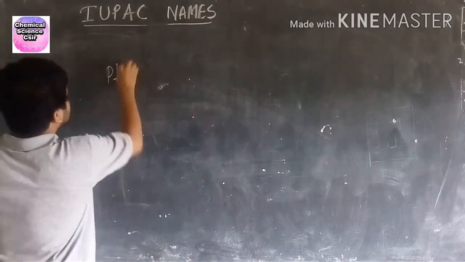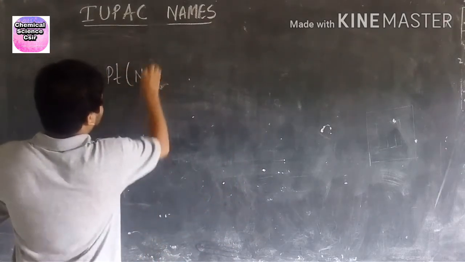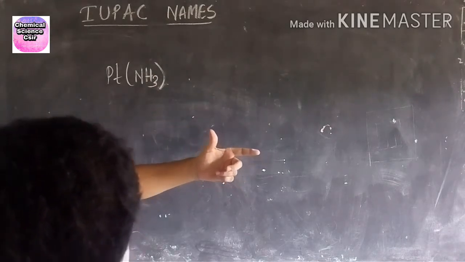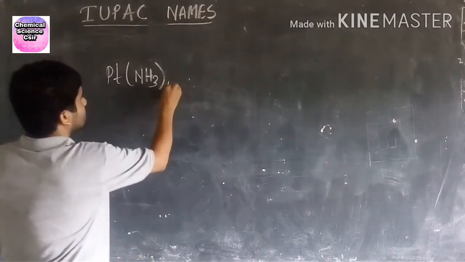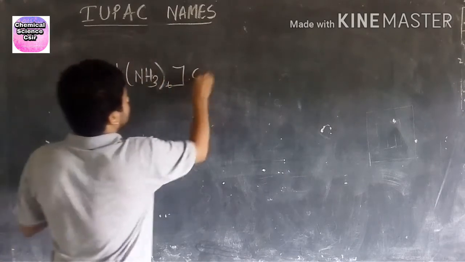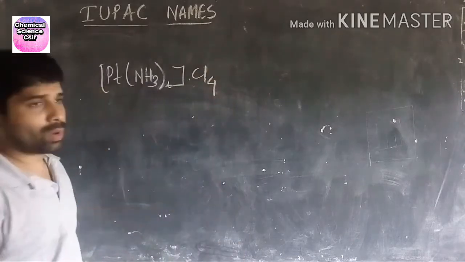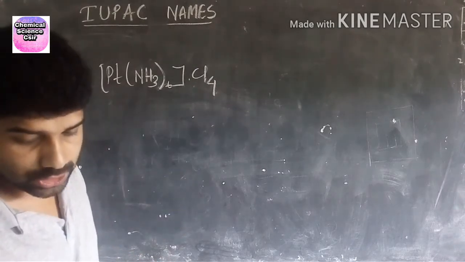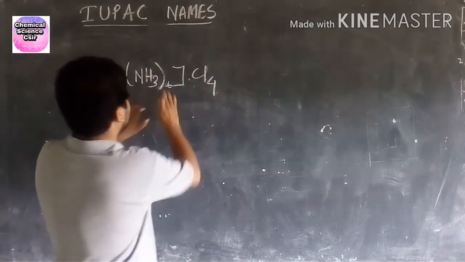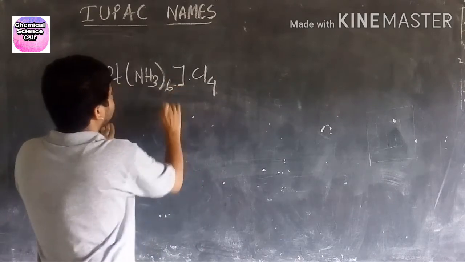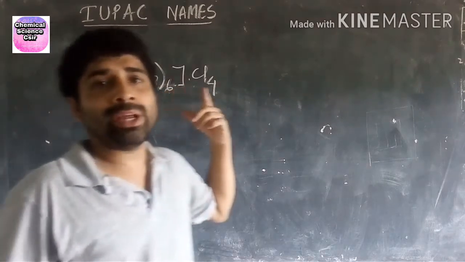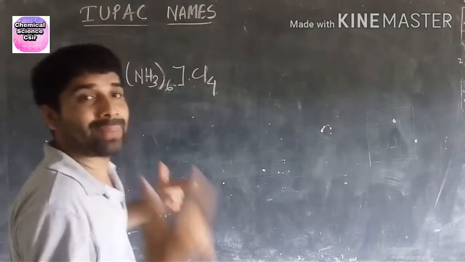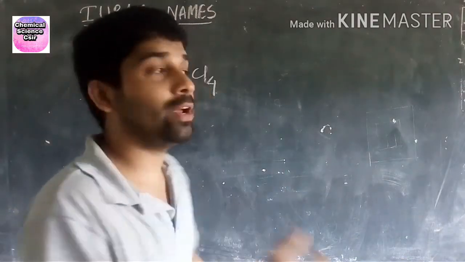Pt(NH3)6Cl4. Let me check this one. Pt(NH3)6Cl4, okay, correct. Now first find which one is the cation part and which is the anion part.